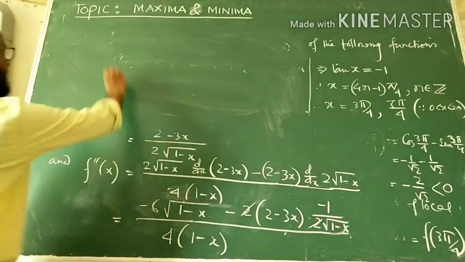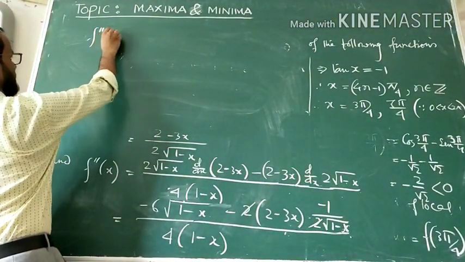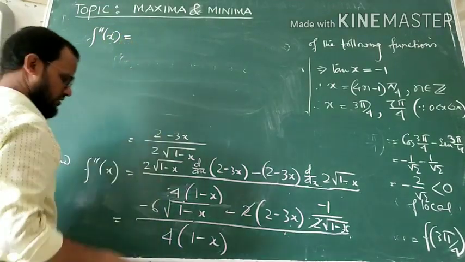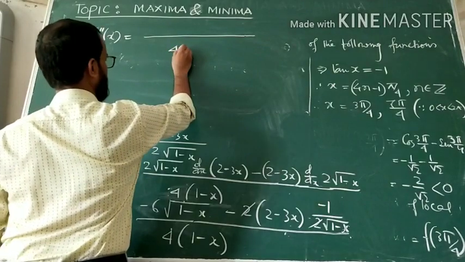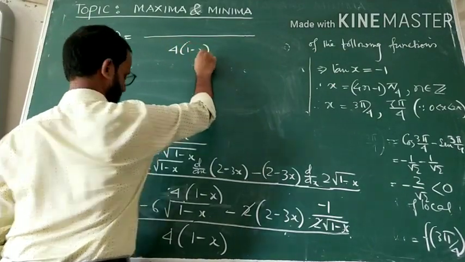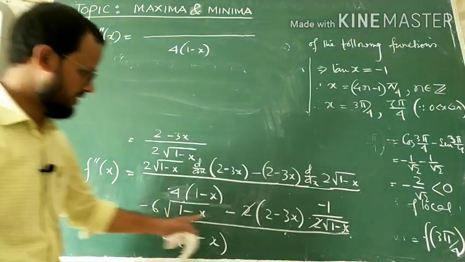Now f double dash x equal to, we need a little calculation, 4 into 1 minus x. Here you can take LCM.